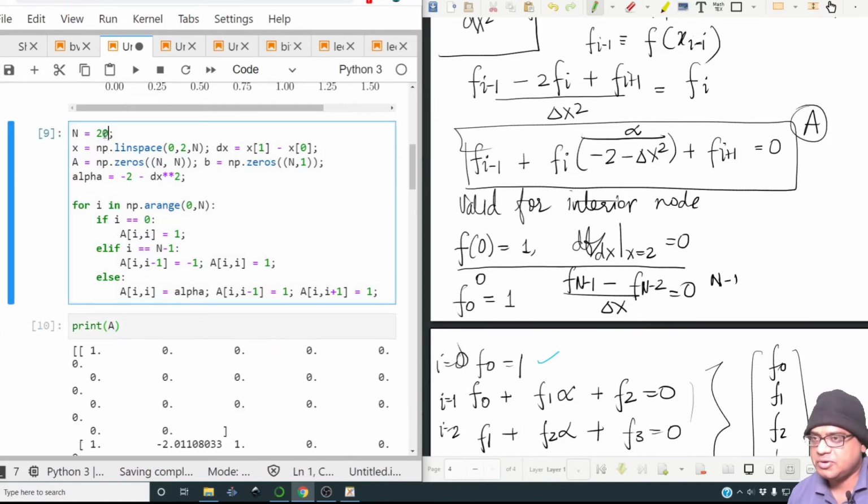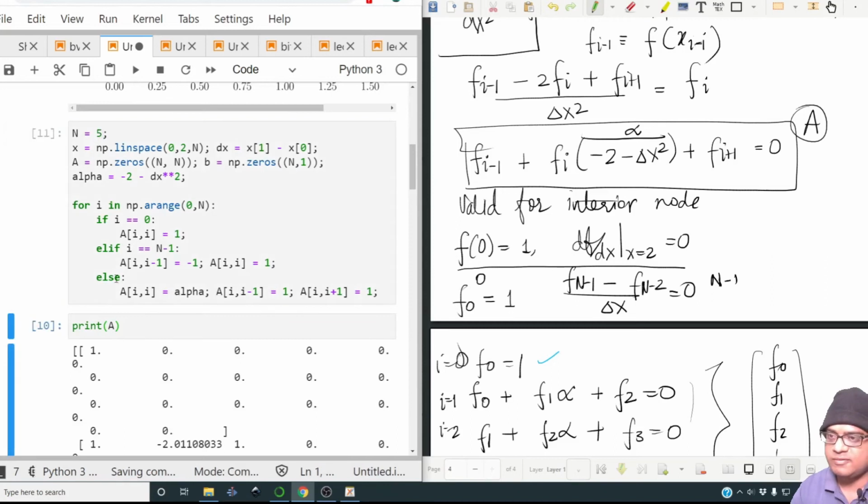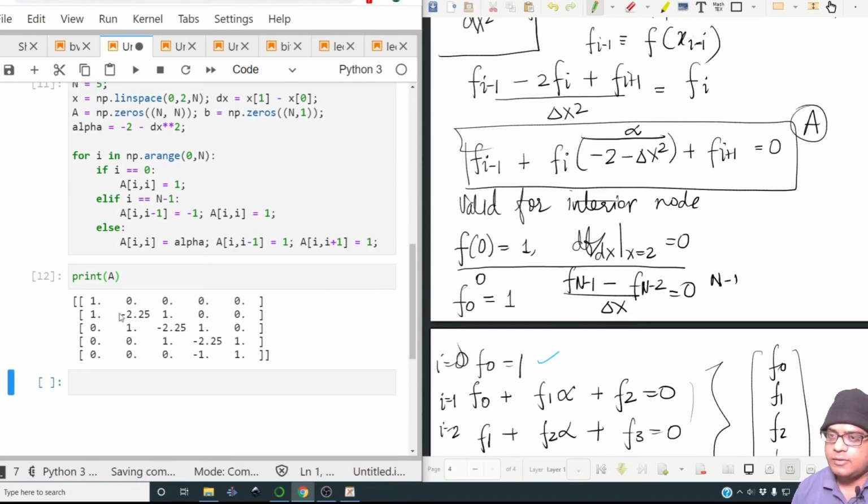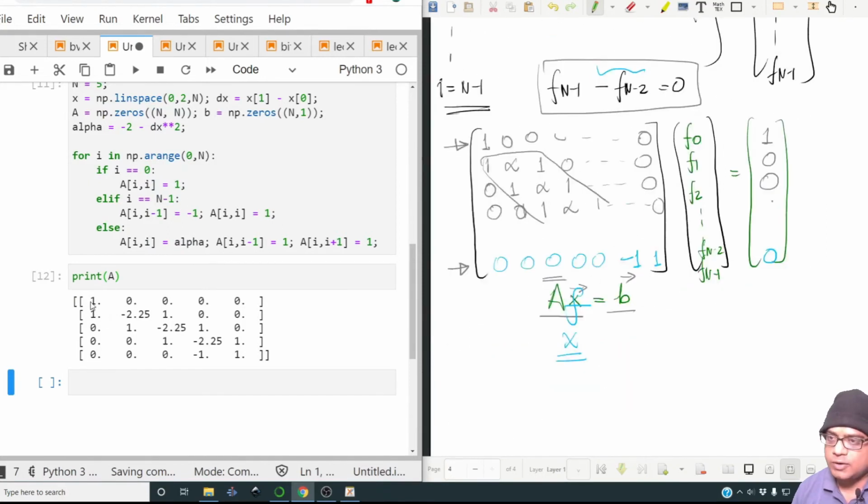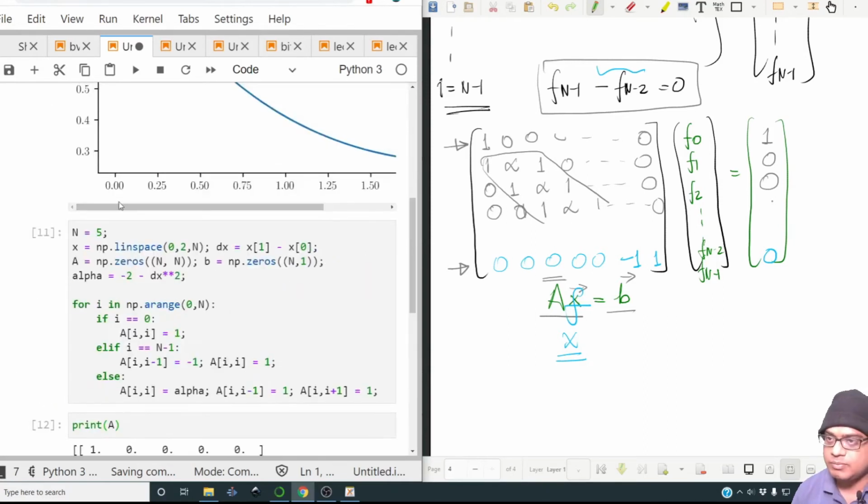In fact, let me reduce the number to something manageable like 5. Alright, so this is how A looks like. Look, it's 1 over here and all zeros, and then 1, minus 2.25, 1, and the boundary nodes are different, but everything else is like a tridiagonal matrix.